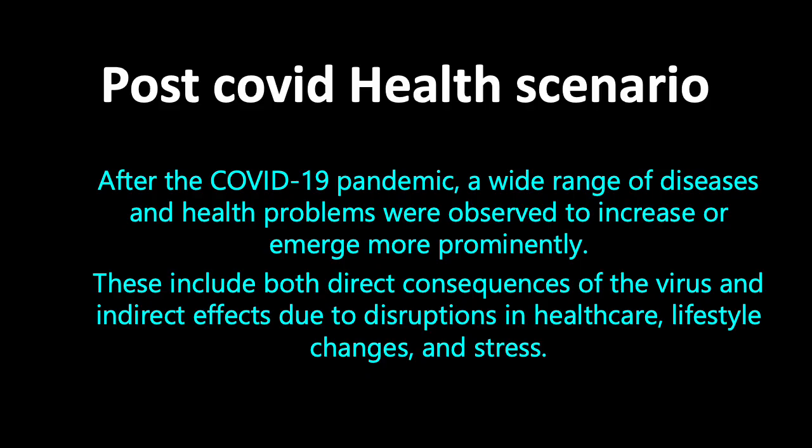These include both direct consequences of the virus and indirect effects due to the disruptions in healthcare, lifestyle changes and stress, and also due to a relatively high amount of the spike proteins in the bodies. And there are many explanations and many findings that relate it to the spike proteins that are present in our body.